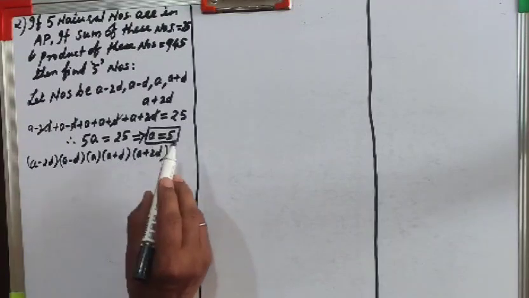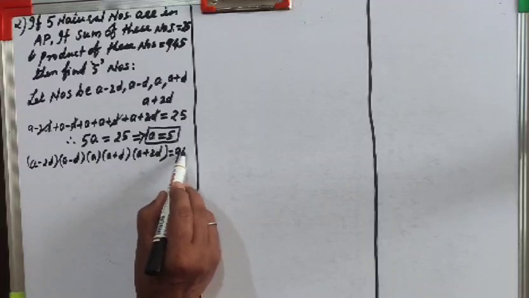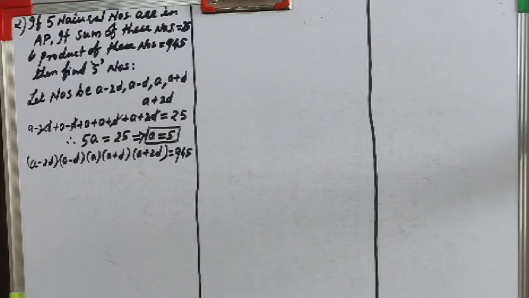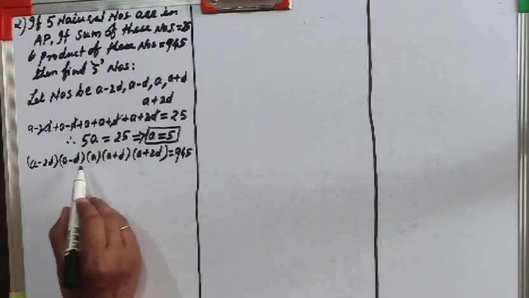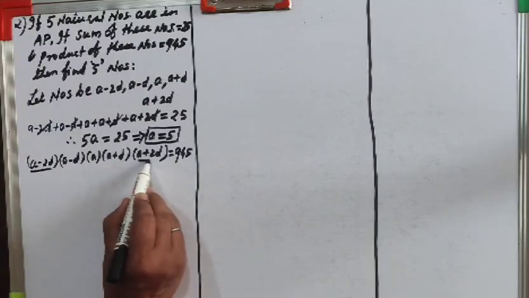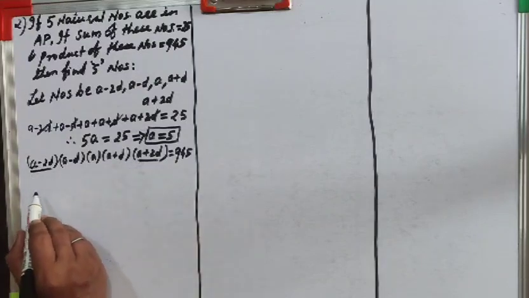The product of these numbers is given as 945. Now, here you have to apply the identity. Looking at the numbers, you know that I can multiply A minus 2D and A plus 2D.